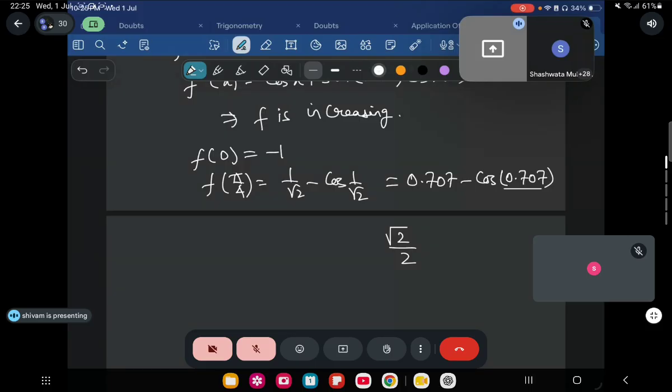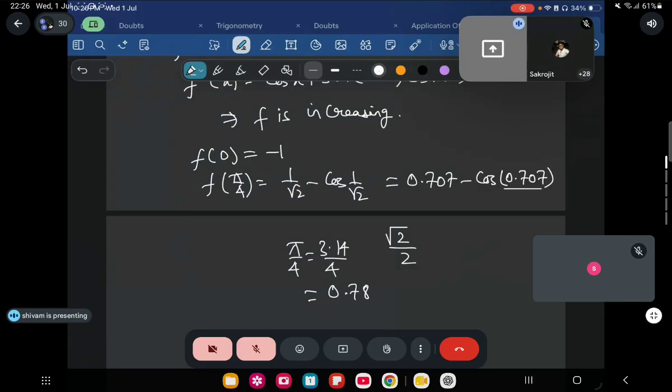45 degree in radians is pi by 4. So which one is greater? Pi by 4 is 3.14 by 4, which will give us how much? 0.785, around 0.78 only. So this value is less than 45 degree.